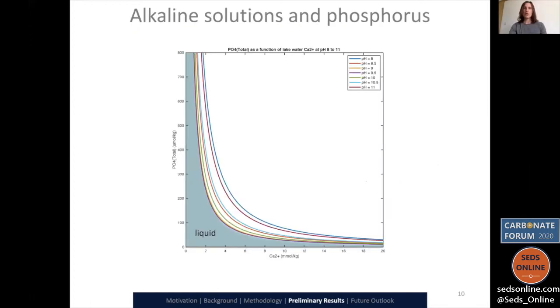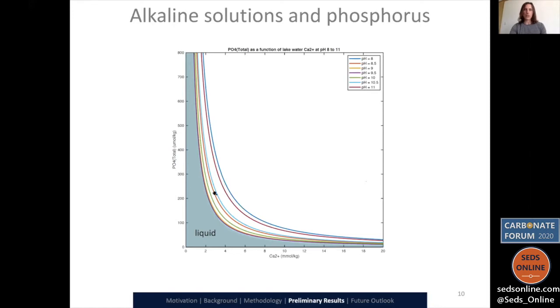So moving on to another approach, which is this figure here. We show modeled phosphate concentration in solution with varying concentration of calcium. This model is based on mineral equilibrium calculations, assuming an apatite precursor, and the pH values of 8 to 11 shown here.